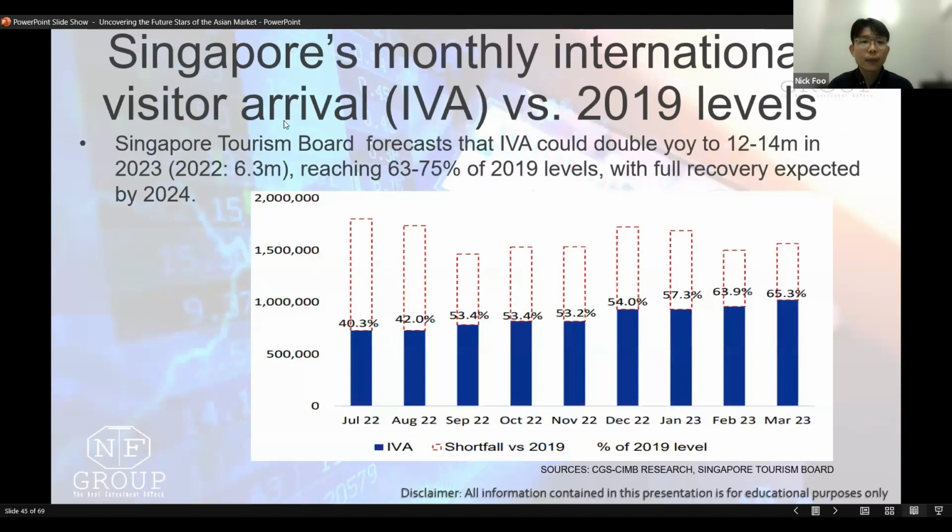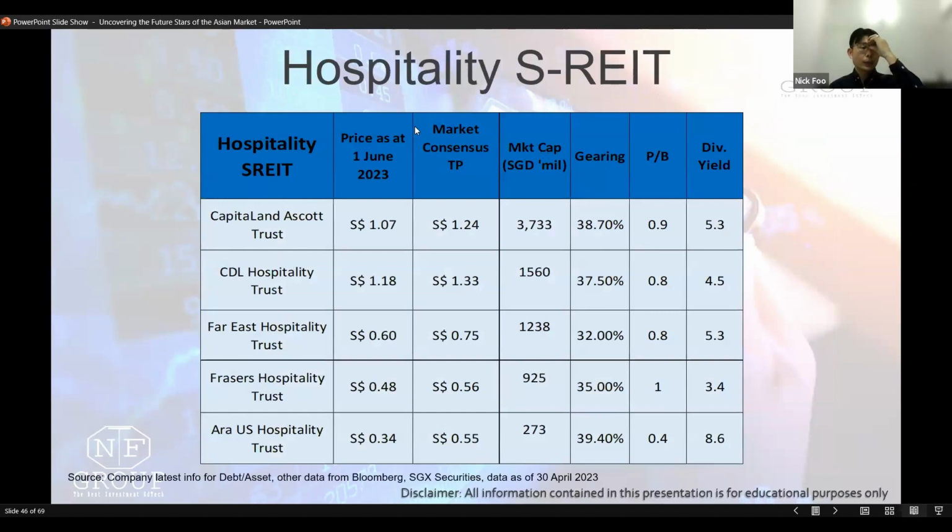Now, the Singapore Tourism Board forecasts that international visitor arrivals could potentially double year on year to 12 to 14 million this year, reaching about 63 to 45% of 2019 levels, with a full recovery expected by 2024. So this is the hospitality Singapore REITs.